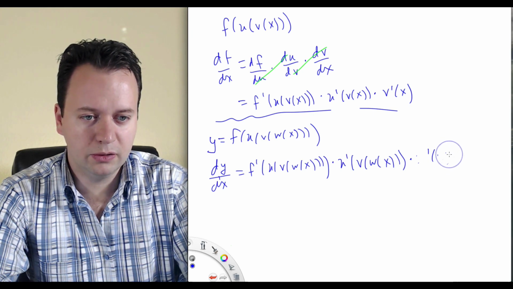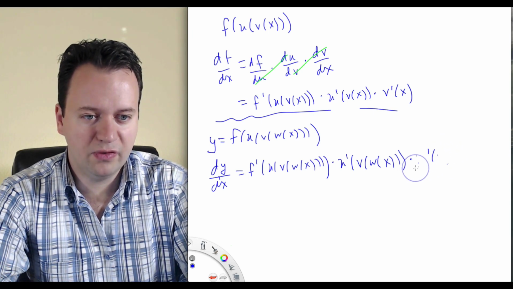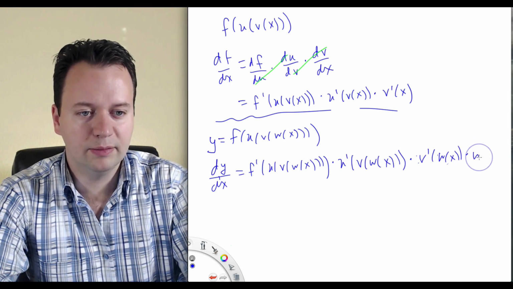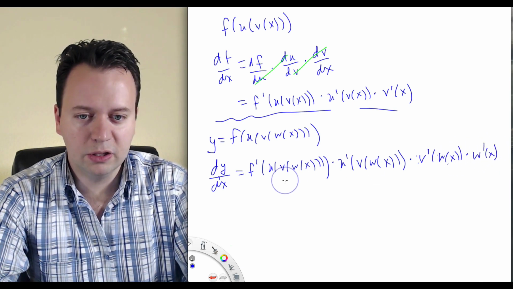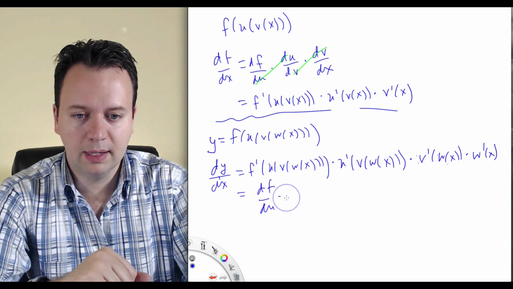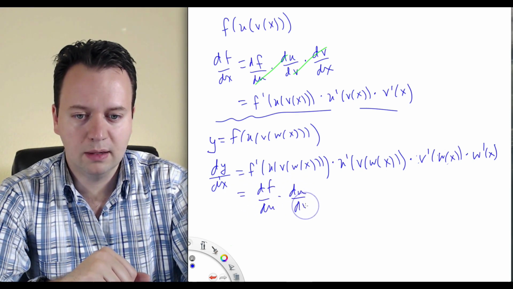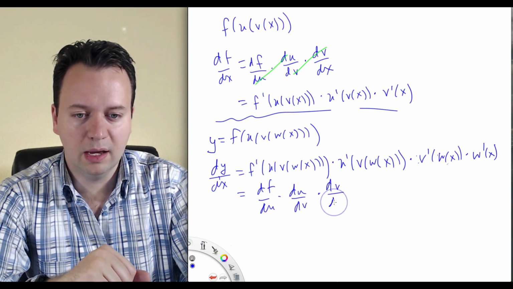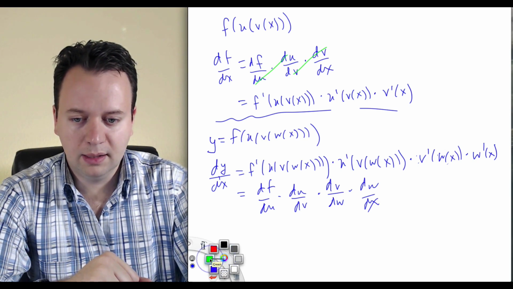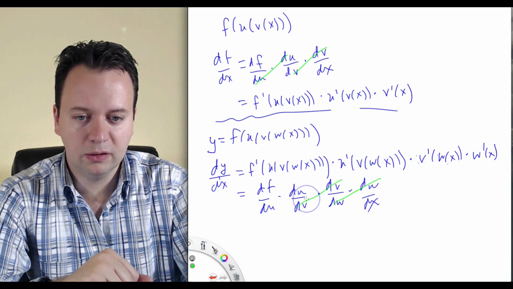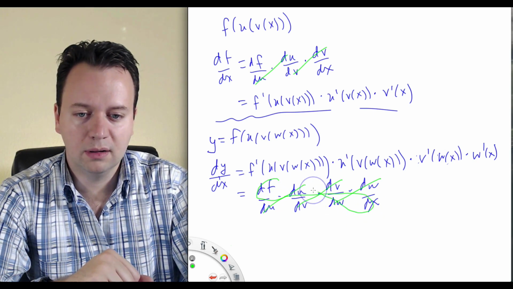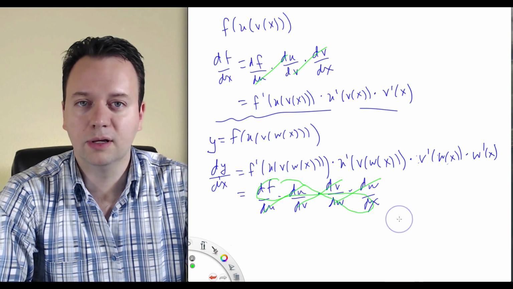So it's u prime, and then times v prime of w of x, and then times w prime of x. So it forms a chain. It's basically df du times du dv times dv dw times dw dx. Link it together, the dw's cancel, the dv's cancel, the du's cancel, and we just have df dx.